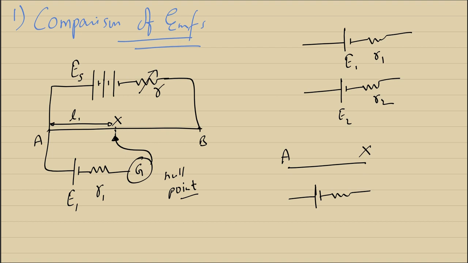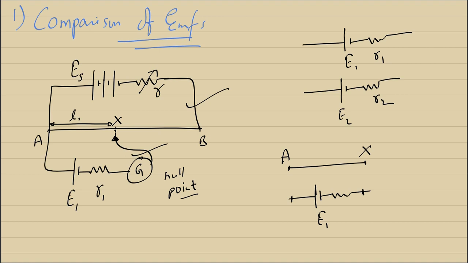In the cell, since there is no current through the cell, the potential difference across the cell is just its EMF. So we can conclude that the potential difference across the length AX is equal to E1. When you have found the null point, you take these two circuits, the circuit of the potentiometer and the circuit of the cell, to be two independent circuits. You do not mix these two circuits, to avoid confusion.